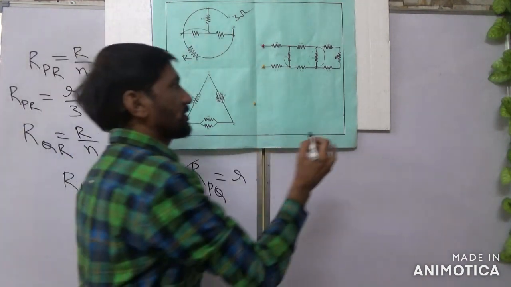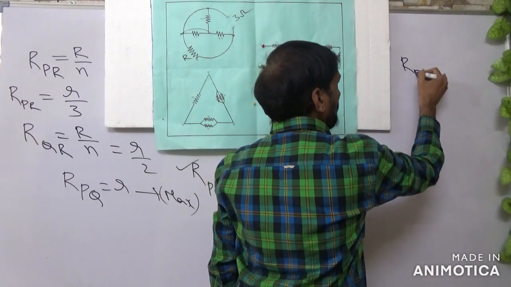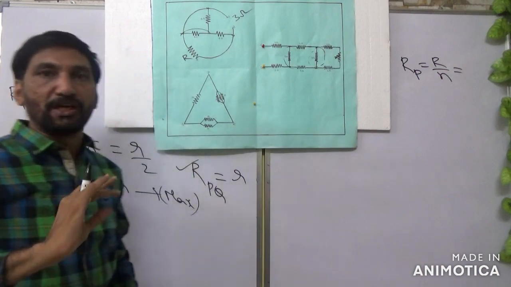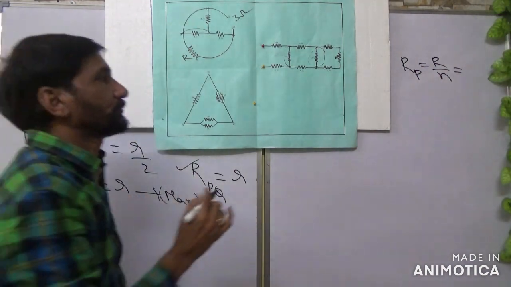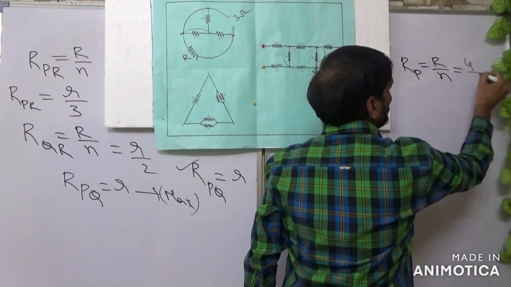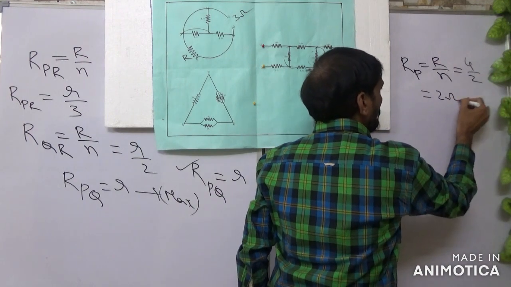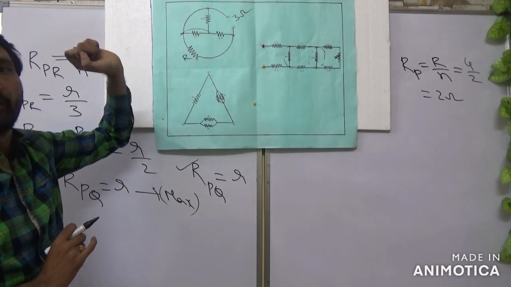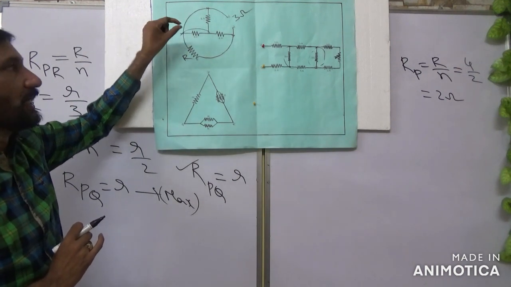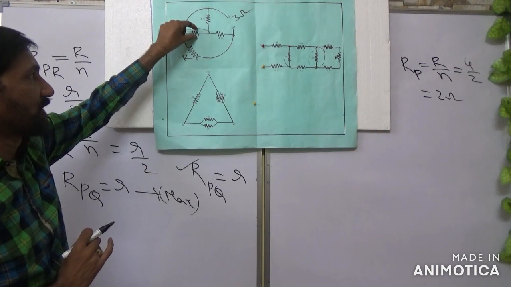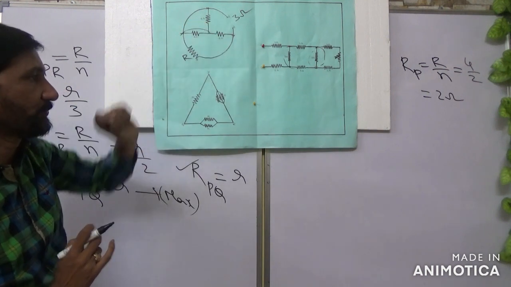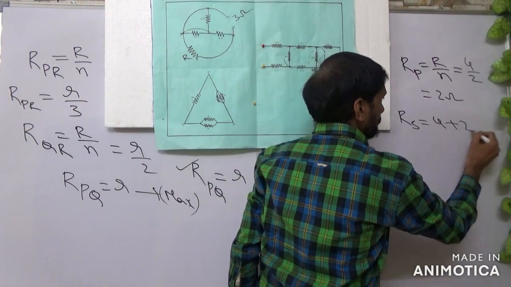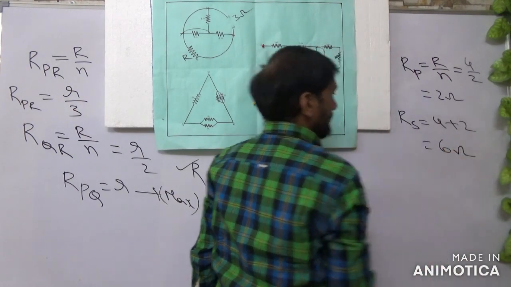So two resistors which are in parallel combination, each of resistance 4. So 4 ohm, 4 ohm parallel, so the effective resistance is 2 ohm. And you know this 2 ohm, this combination is in series to 4 now. Nothing but 6 ohm.